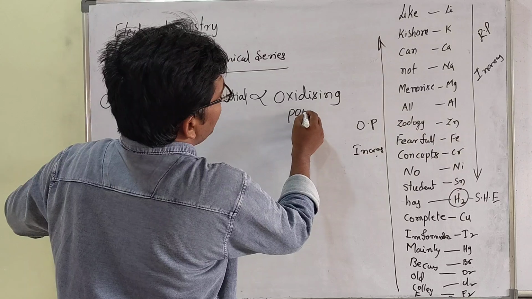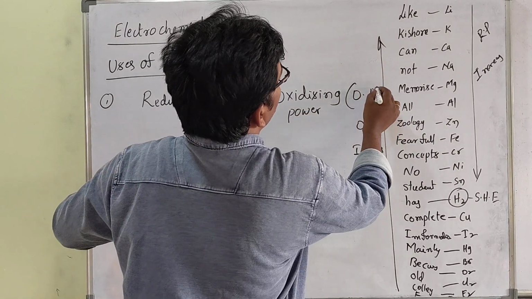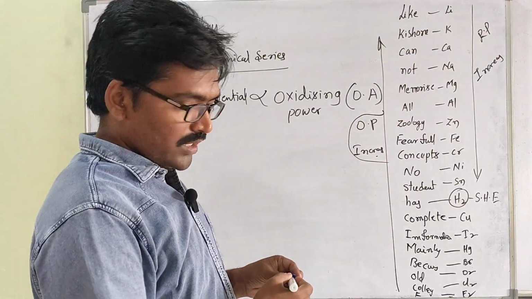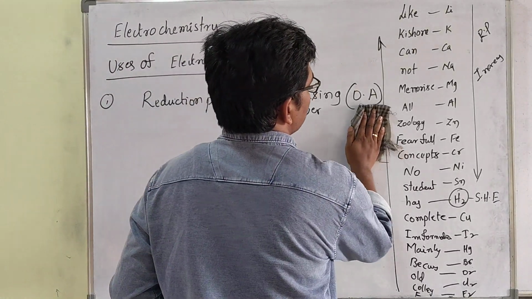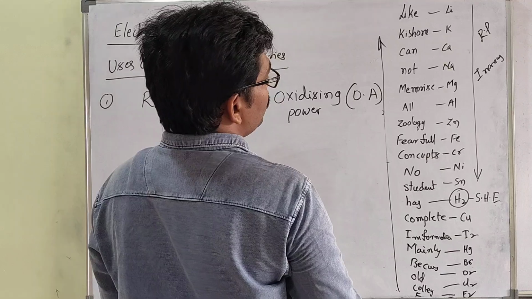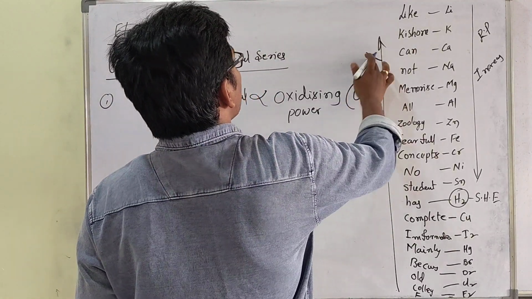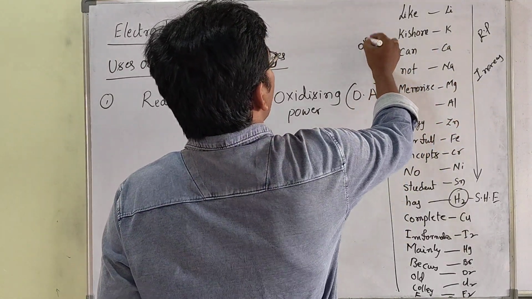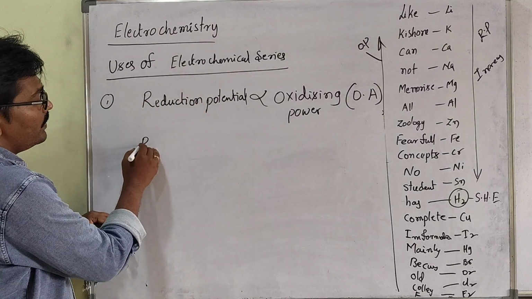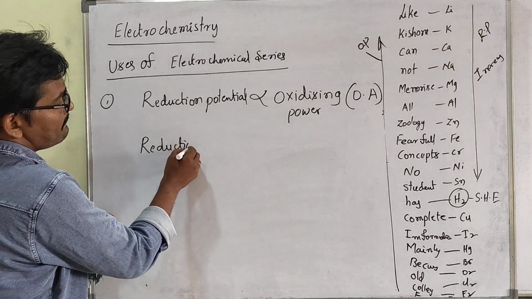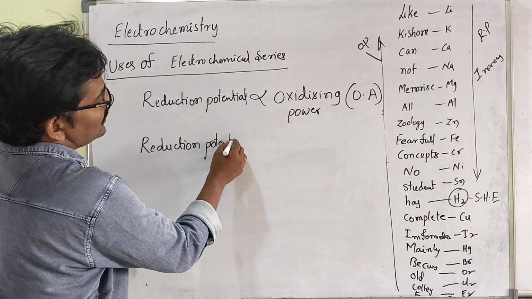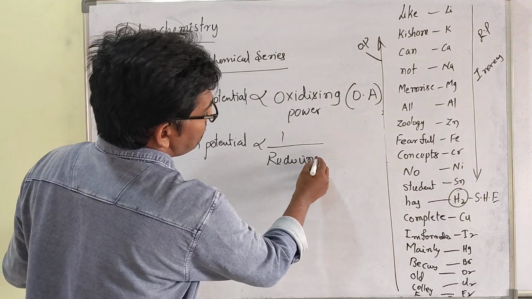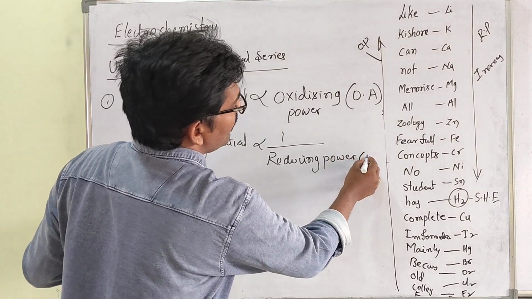Oxidizing power means working as an oxidizing agent. So the one with a higher reduction potential value is the more powerful, strong oxidizing agent. Then reduction potential values are inversely proportional to reducing power. Reducing power means acting as a reducing agent.